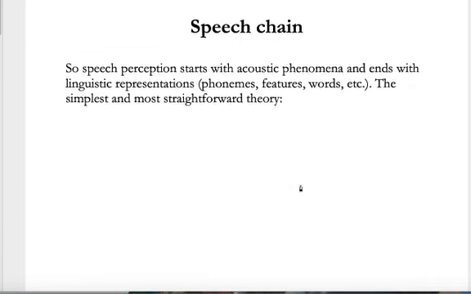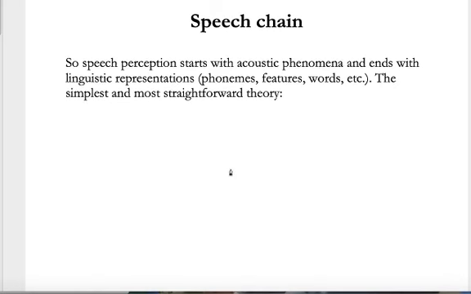Another way of putting this, here's the sort of naive model that we might have started with in speech perception. We're going to start with acoustic phenomena. So again, those pressure fluctuations out in the air, and we need to somehow end up with linguistic representations inside our mind-brains. So phonemes, features, words, whatever you're eventually recovering from that signal.